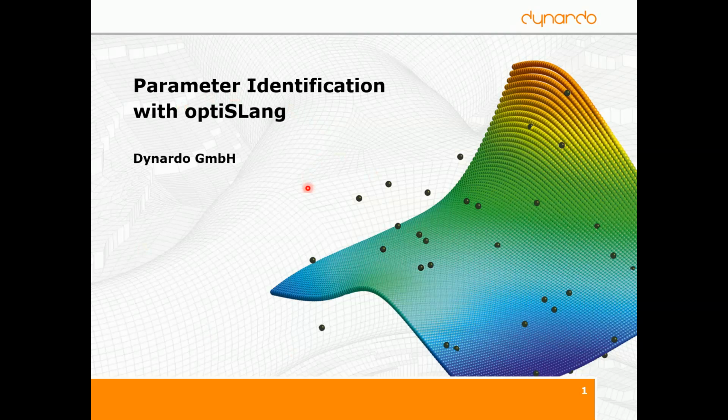In this seminar, I want to show you how you can use OptiSlang for model updating to get some optimal fit between some simulation curve and some measurement curve, or maybe some curve for some desired behavior.